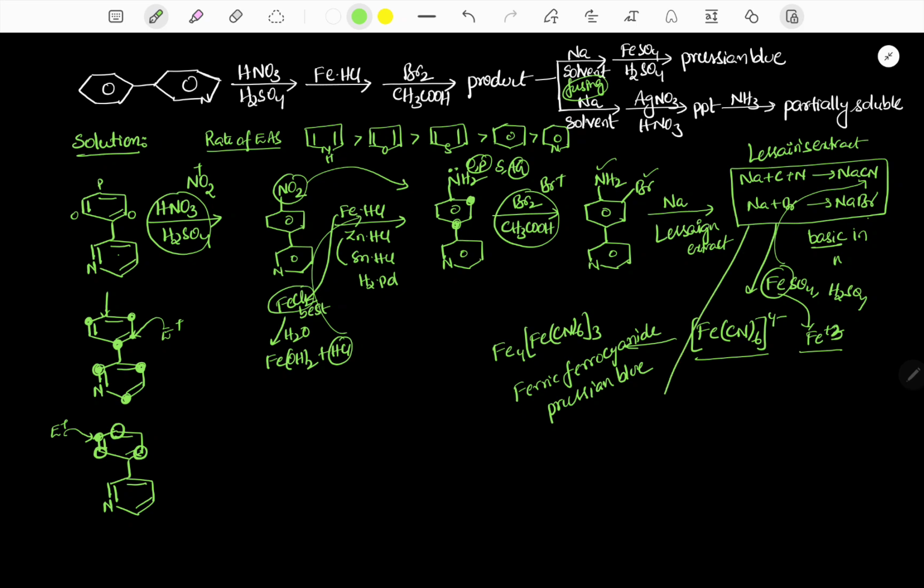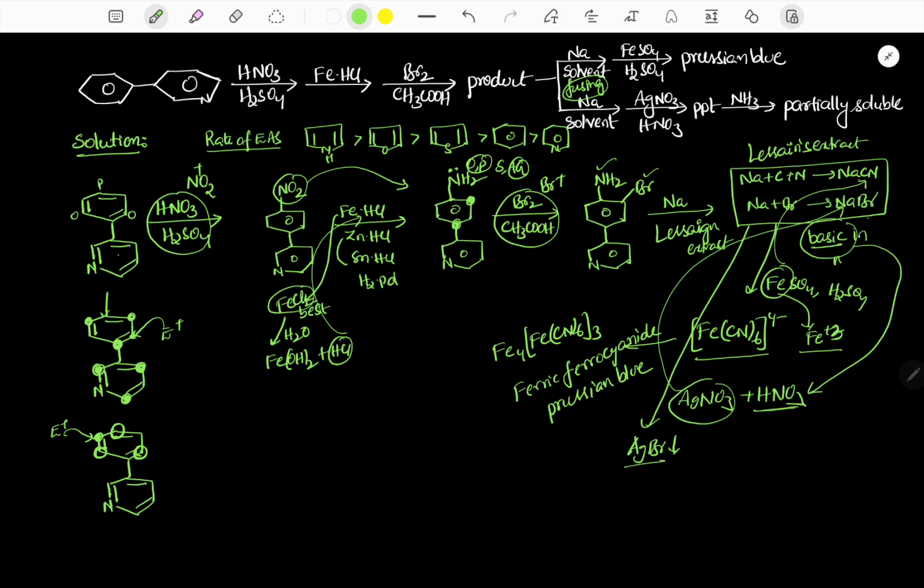Now the Lassaigne extract is treated with AgNO3 in acidic medium. We add acid because Lassaigne extract is basic; to neutralize it, we add HNO3. Now when we add AgNO3, AgNO3 reacts with NaBr and forms a light yellow precipitate, silver bromide, AgBr.